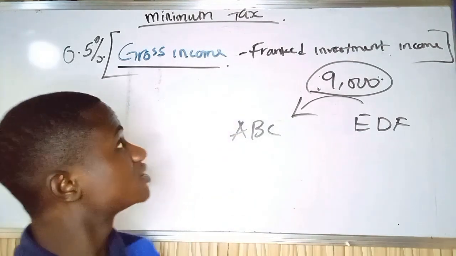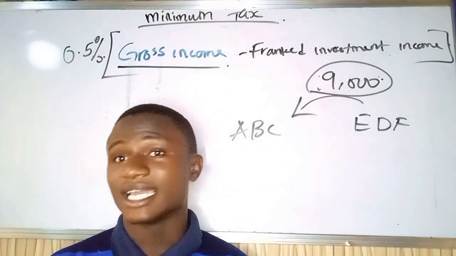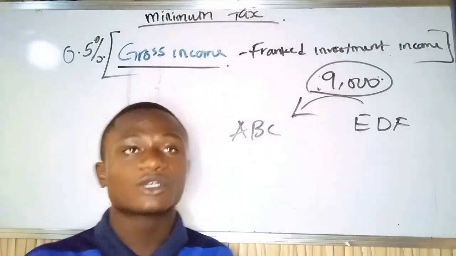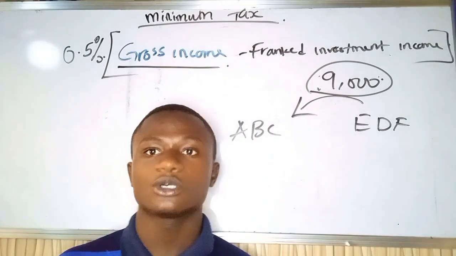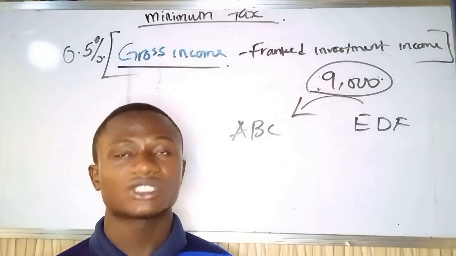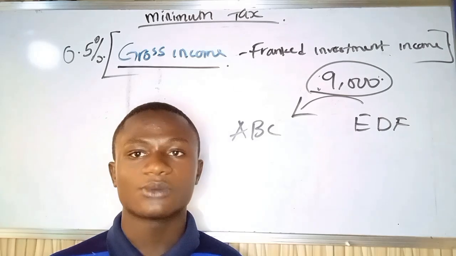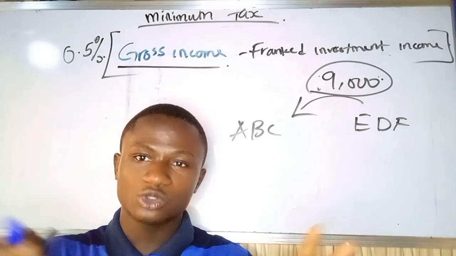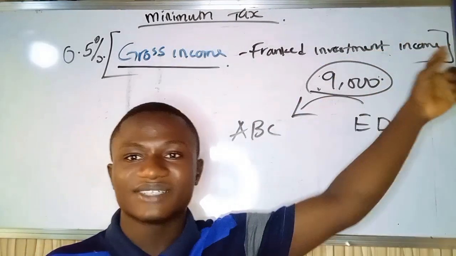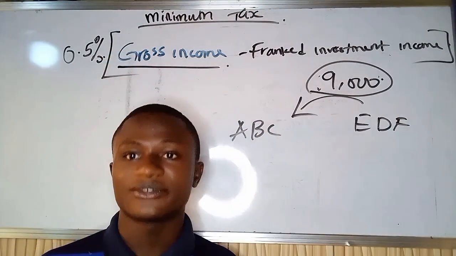So we want to accumulate the gross income of the company, maybe gross income from their investments, from their rent, from their trading activities, from their businesses. We accumulate those, subtract the franked investment income, that means income already subjected to tax, and we now tax the rest at 0.5%.